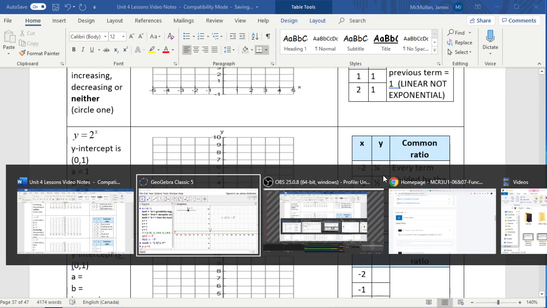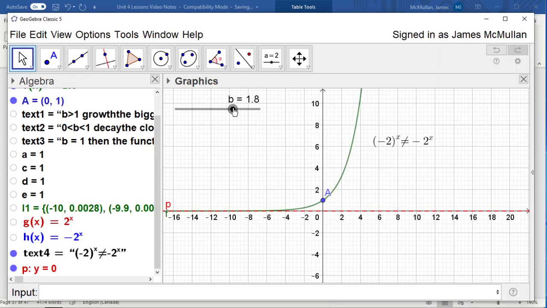Again, just a quick look at 2 to the x. It looks like that.